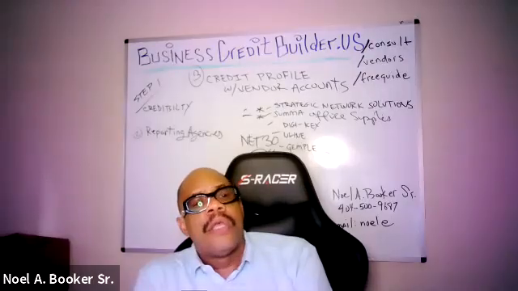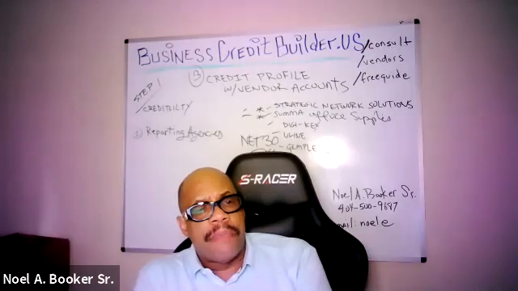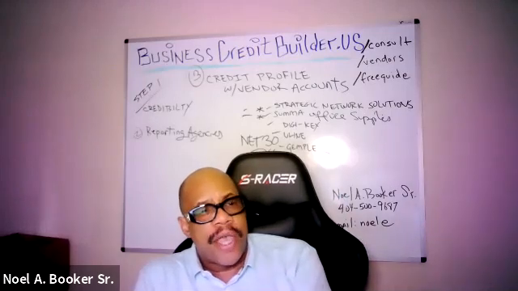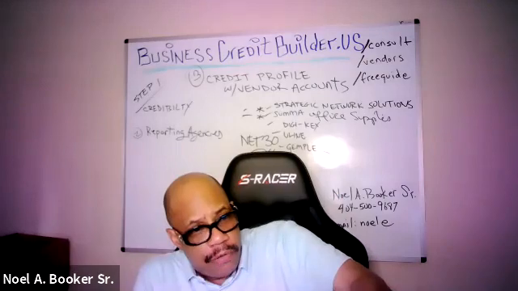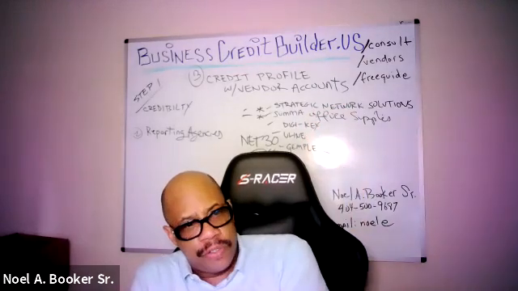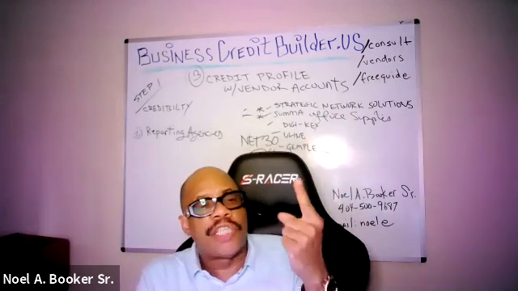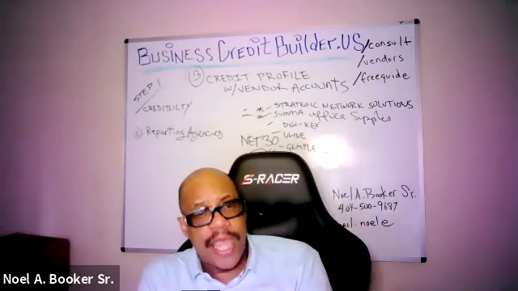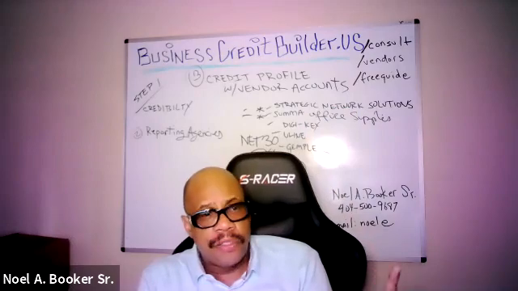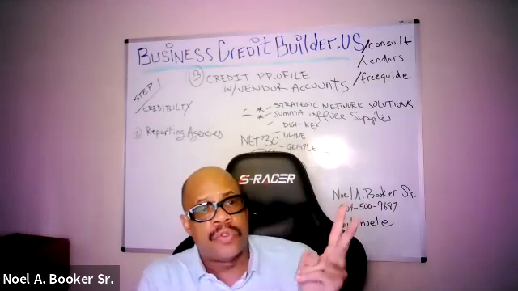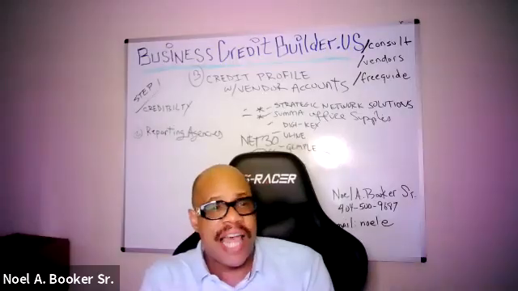You can start by going to my website at businesscreditbuilder.us/vendors, and you can find Strategic Network Solutions and Summa Office Supplies, which are the first 2 companies I always use. Because it's real easy to get a trade line with them.